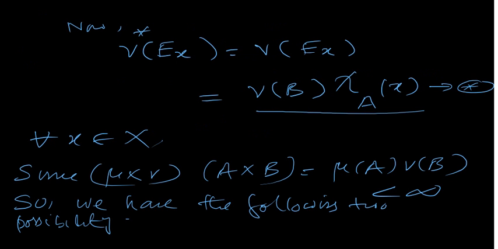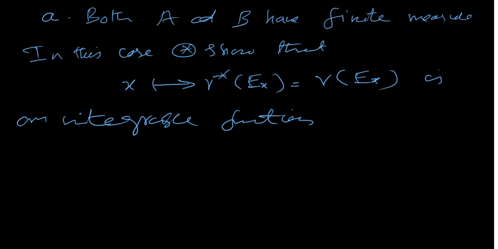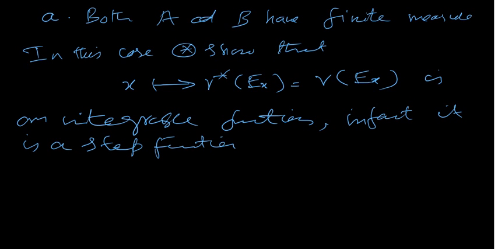So it's a step function with values nu of B and 0, and both the values are finite, because we have assumed that both A and B have finite measure. So it's a step function, and we know that every step function is integrable. So that's why it's integrable.